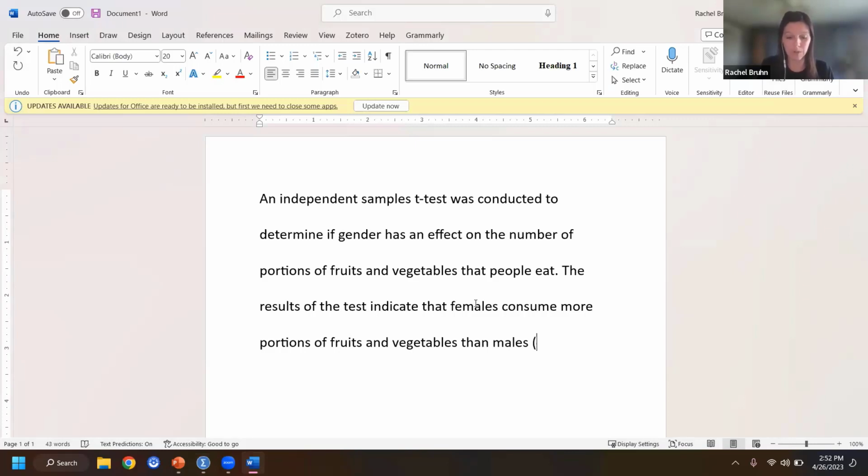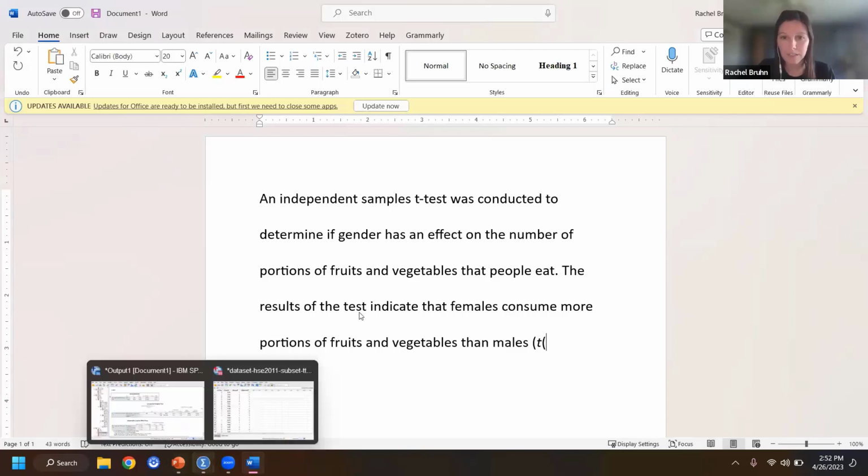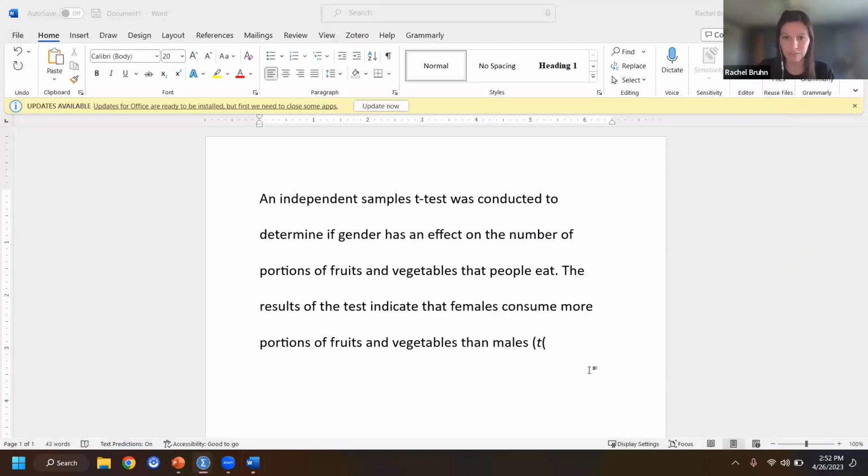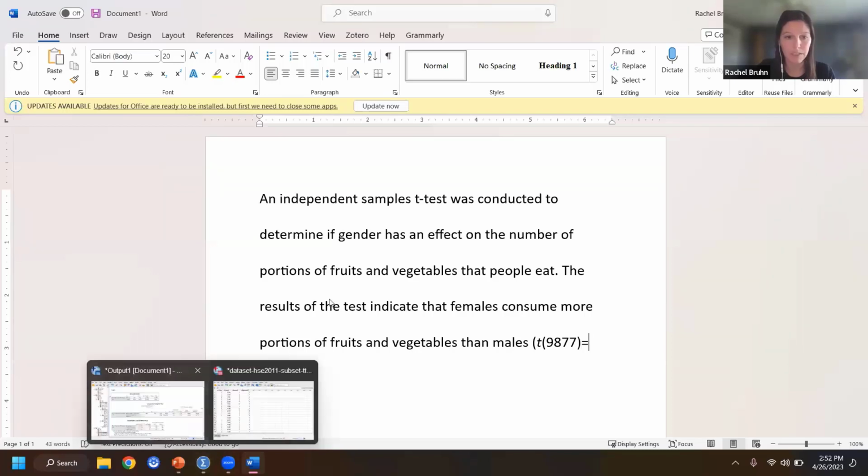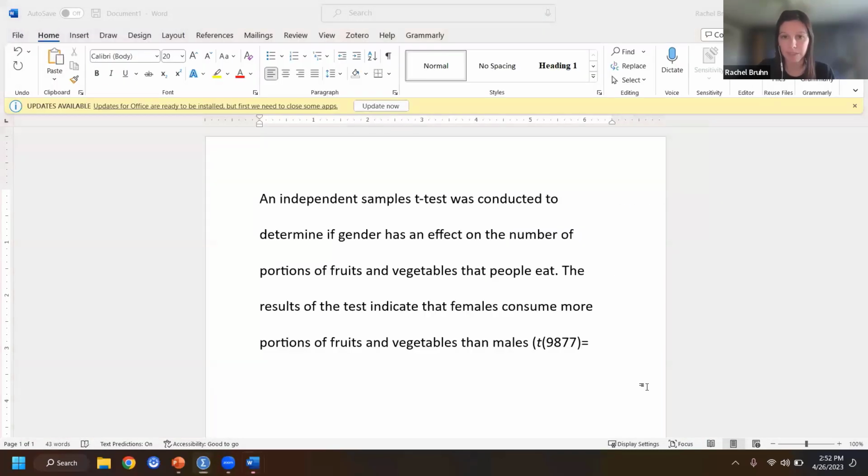And here is where I want to include T and then my statistics here. So we've got 9877. That's my degrees of freedom equals. And then we're going to put in our negative 5.972, comma, P less than 0.001.